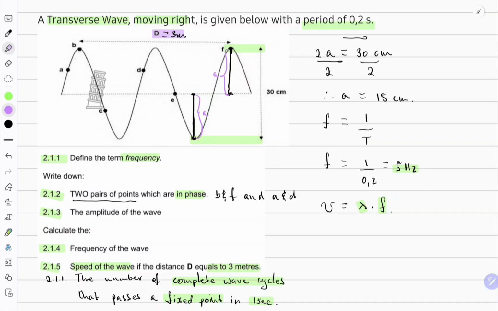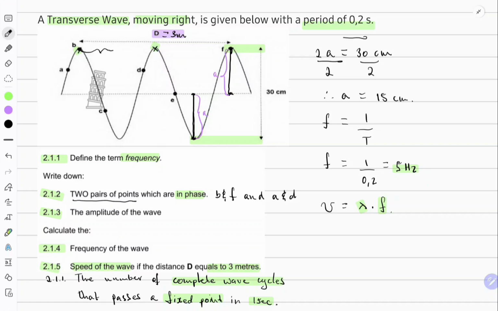Now, what is wavelength by definition? Wavelength is the total distance between two consecutive points that are in phase. So if you consider this point here, B, and you consider this point here, these 2 points are consecutive points and they are in phase.